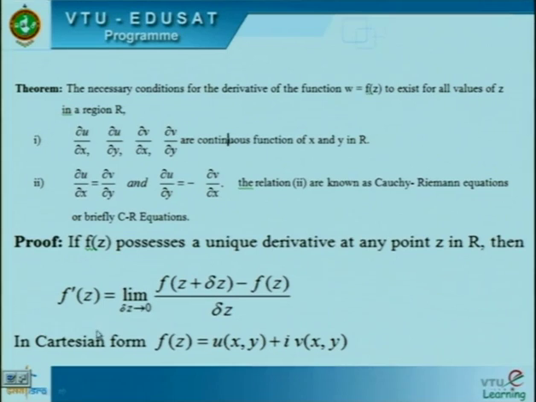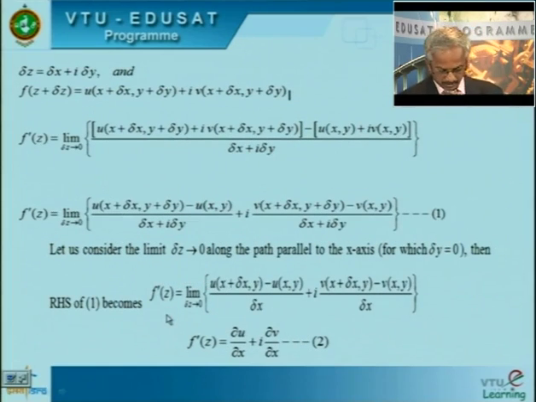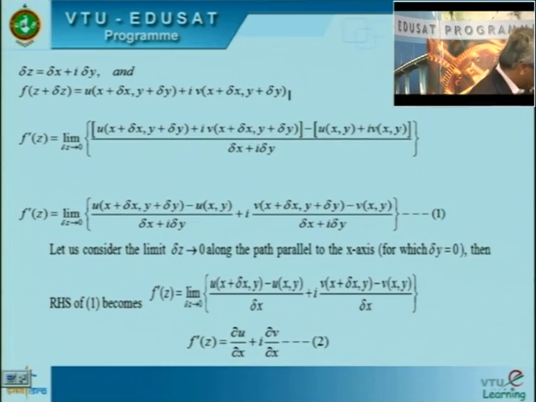So the proof is in the following way: if f of z possesses a unique derivative at any point z in R, then at any point f dash z is equal to limit delta z tends to 0 of f of z plus delta z minus f of z divided by delta z. The proof is in Cartesian form.